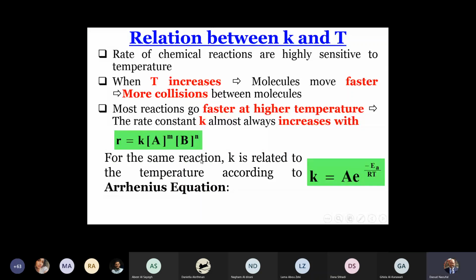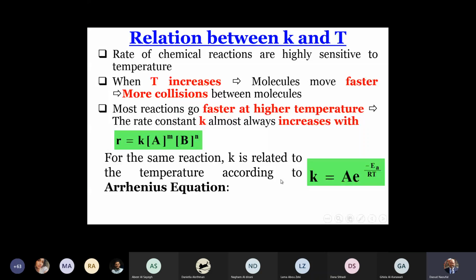For the same reaction, the rate constant is related to the temperature according to the Arrhenius equation. k equals A, pay attention, the notation A, italic A, is not the reactant A. This is another notation, but called A. k equals A e to the power minus Ea divided by RT.